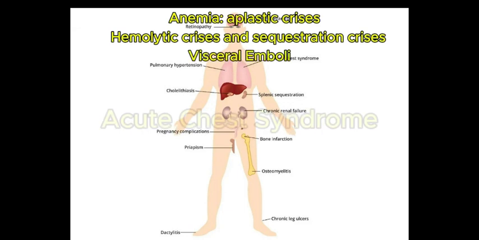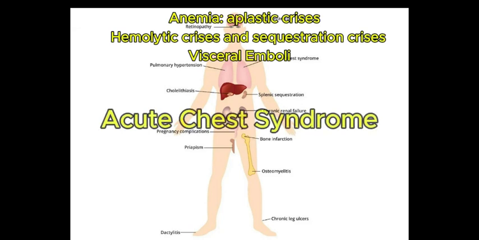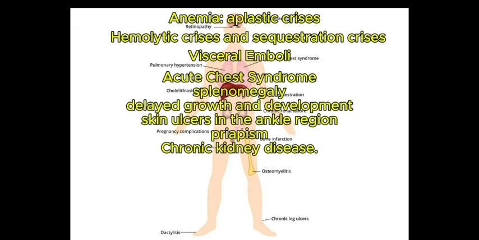Acute chest syndrome, new lung opacities on chest X-ray, with fever or not, sometimes with other respiratory symptoms, of infectious or embolic etiology, fat embolism for instance, which can cause increased cardiac output, cardiomegaly, splenomegaly, sometimes functional asplenia, clinically with a late growth and development, skin ulcers in the ankle region, priapism, chronic kidney disease.